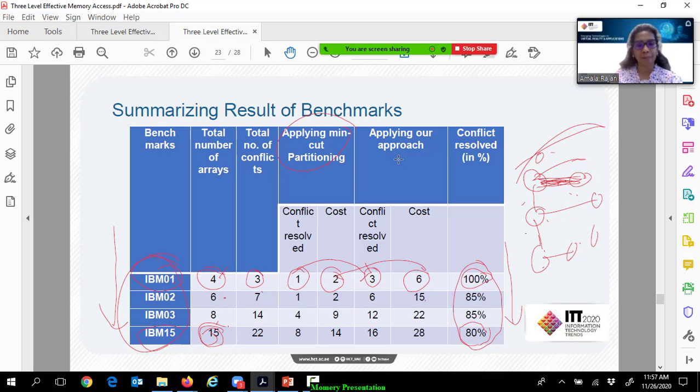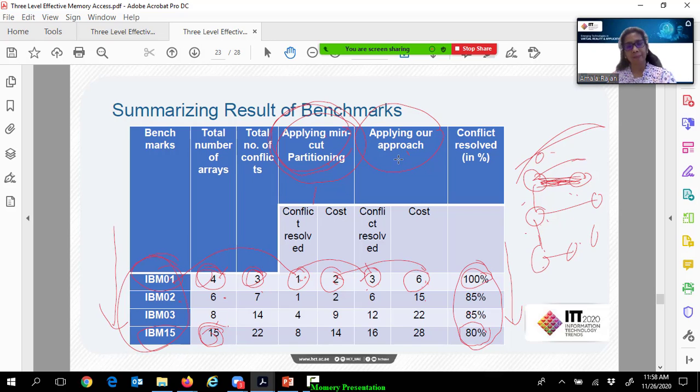For IBM 1 we use 4 arrays, conflicts were 3, resolved were 1. This is the min cut, which is the standard that is used, and that's the problem basically in embedded systems. And when we use our approach, min cut resolved 1 conflict, and we resolved 3, but the cost increased from 2 to 6.